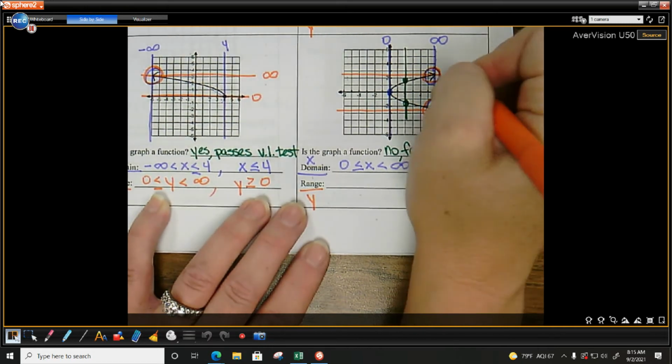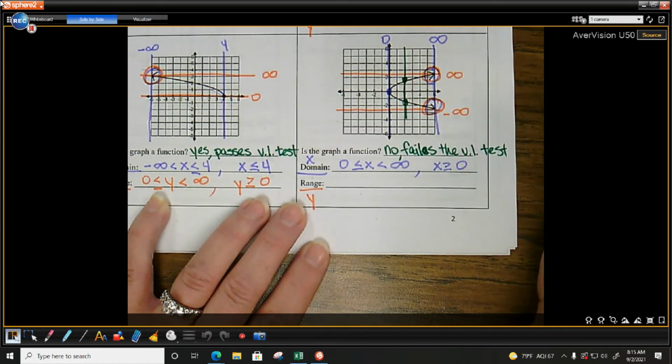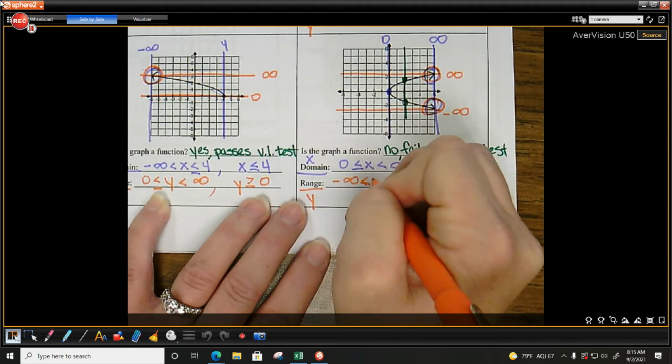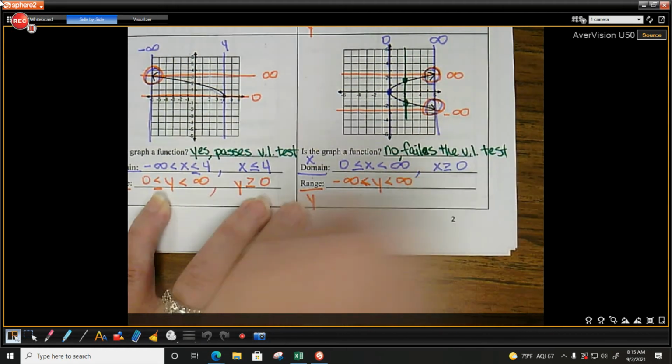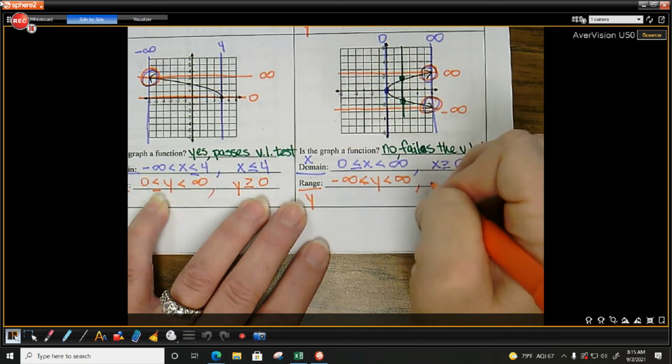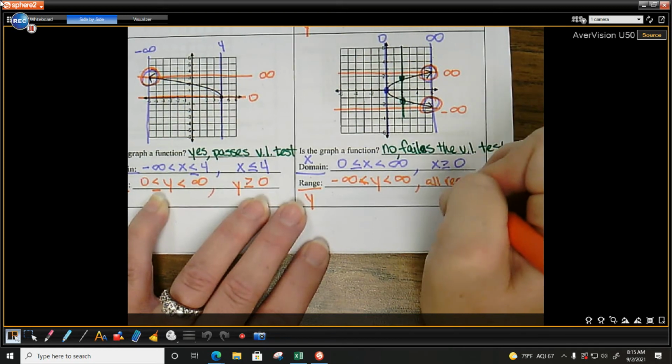So I'm going to do negative infinity is less than y is less than positive infinity. So if y can be anything from negative infinity to positive infinity, is there any restriction on what your y or your range values can be? No. So that means it can be all real numbers. That's another way you can write it, all real numbers. There's no restriction on what it can be.